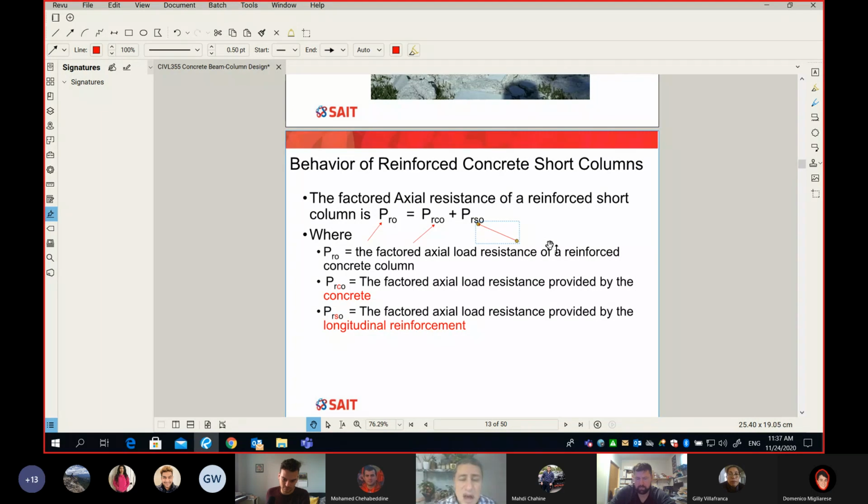Same here, the tie: as long as you provide the minimum ties, that's okay, and it doesn't affect the axial capacity of your column. But again, one more time, look at this. I'm trying here to support a vertical load. Some of it will be supported by the concrete core, and the rest will be supported by the steel vertical bars.